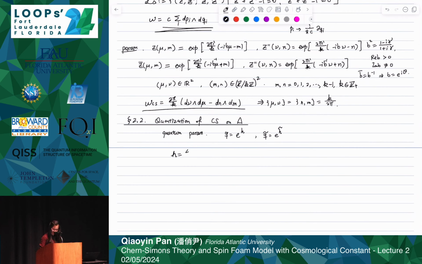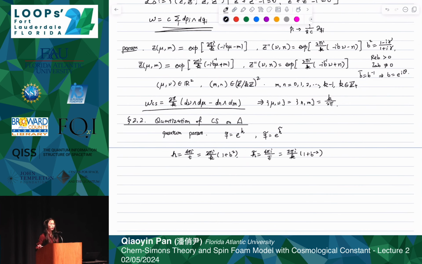It equals 4 pi i over t, or it equals 2 pi over k times 1 plus b squared. And this h tilde is just replacing t by t bar, or another way is to replace b by b inverse, so b to the minus 2.